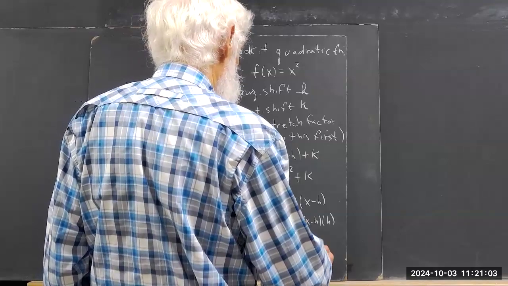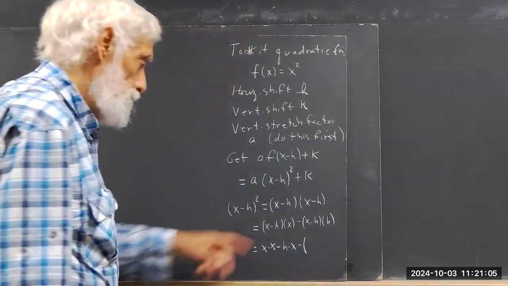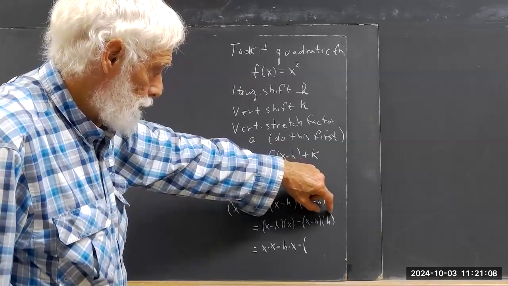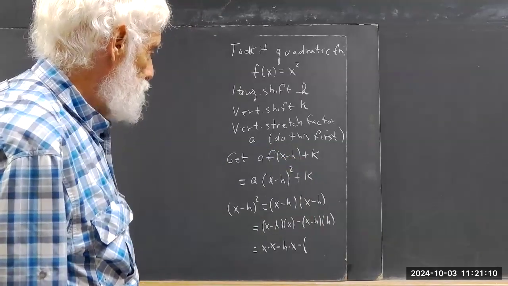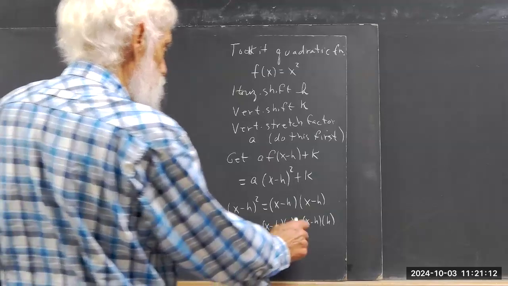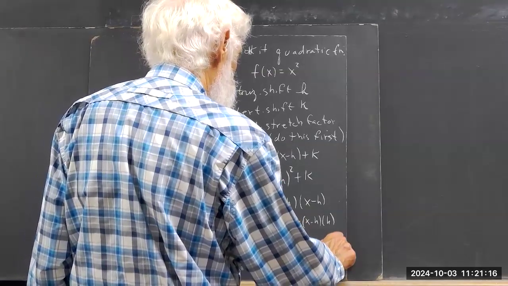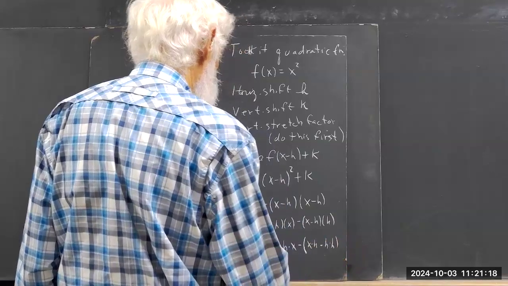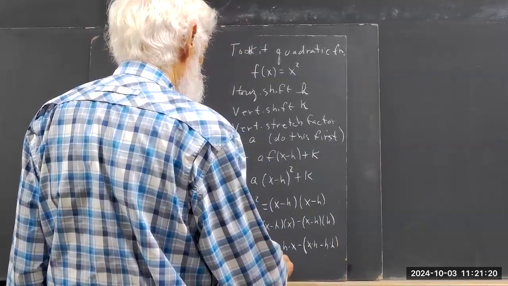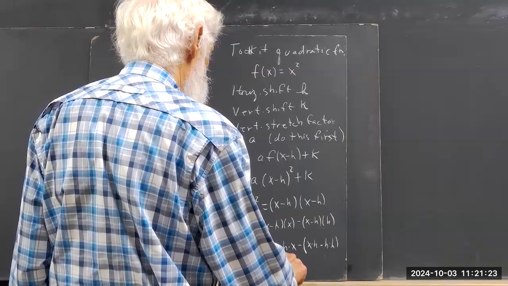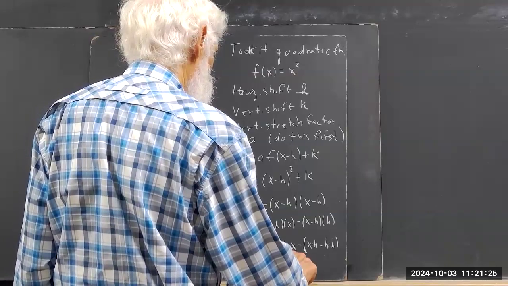Now it's minus, and I'm going to put minus in parentheses around what I get from x minus h times h. And of course, x minus h times h is x times h minus h times h. That equals x squared minus hx.